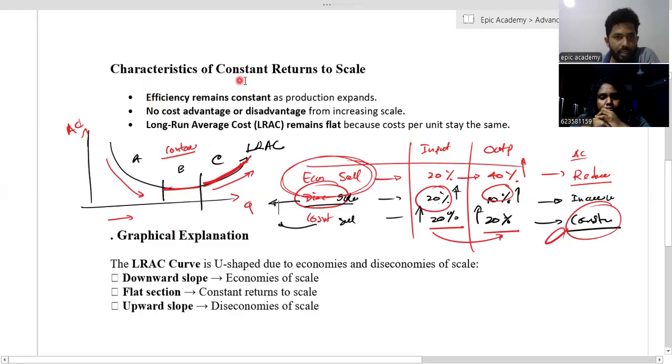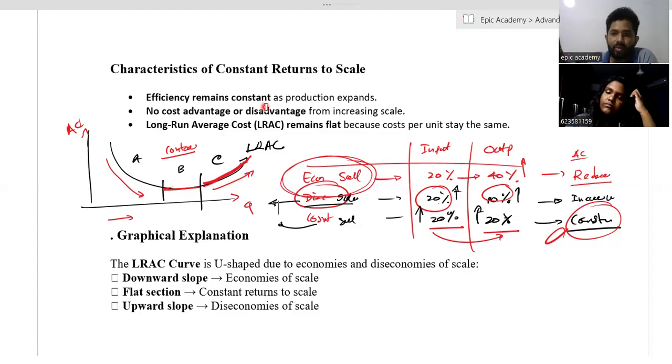Now the characteristics of constant returns. At this position, input increases 20% and output increases 20%. Efficiency remains constant. There is no change in efficiency. If efficiency increased, what would happen to the output? Output must increase by a greater value than the input increase. But since efficiency remains constant, production is not going to expand as much as expected.